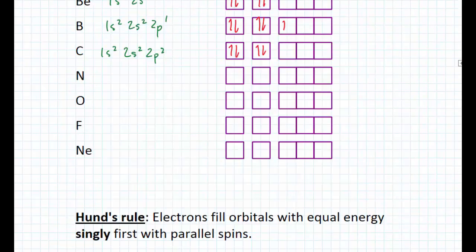Electrons fill orbitals with equal energy singly first with parallel spins, which means when I'm doing 1s2, 2s2, 2p2, here's our 1s2, 2s2, 2p1. Where's that second electron going to go? Next box over. There's 2p2. 2p3, 2p4, 2p5, 1s2, 2s2, 2p6.